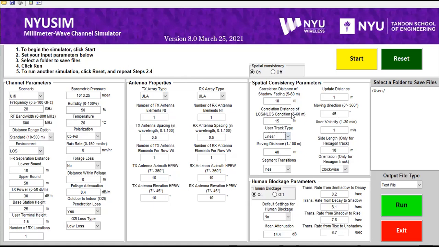Correlation distance of shadow margin, correlation distance of LOS, non-LOS conditions. There can be a consideration of an overall shadowing from, like the foliage we are considering here to offer some shadowing.